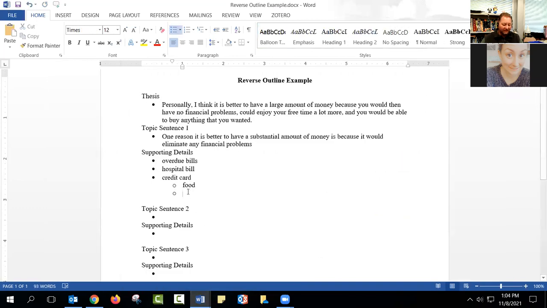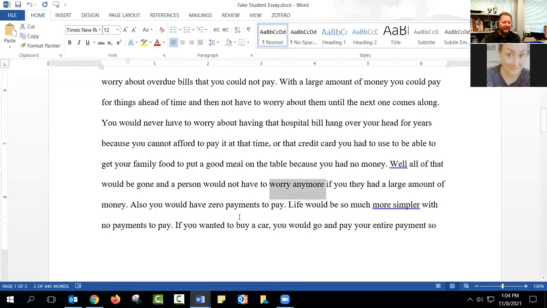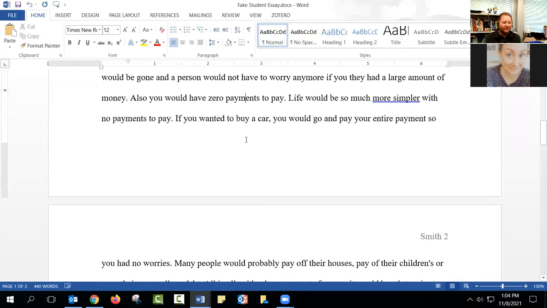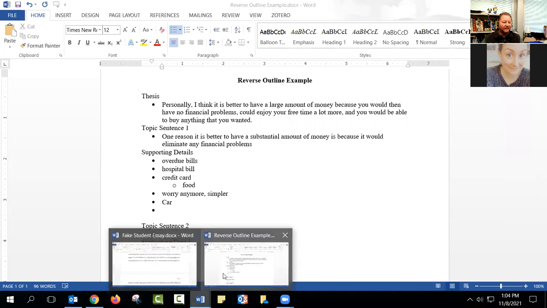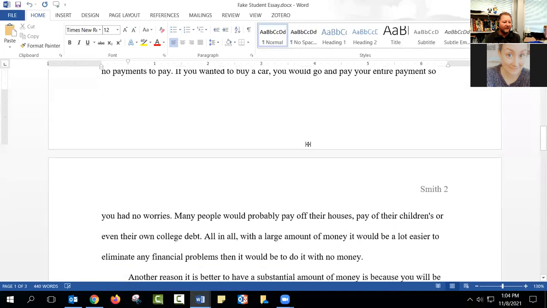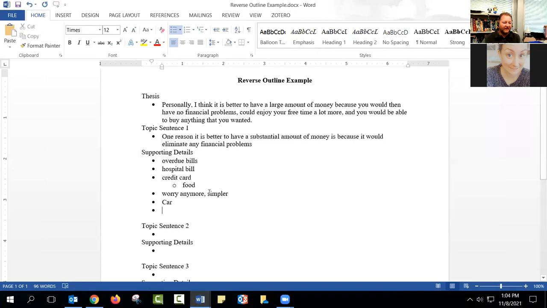If I was writing this, I'd probably expand on how that eliminates worries a little bit more, but that's not this part of revision yet. Life would be simpler if you wanted to buy a car. So you could say, oh, worry more kind of goes with simpler, right? Let's say car. And I'm just putting all these little details that I've included in this paragraph, right? Pay off houses, college debt. So I'm putting houses and college debt in there.